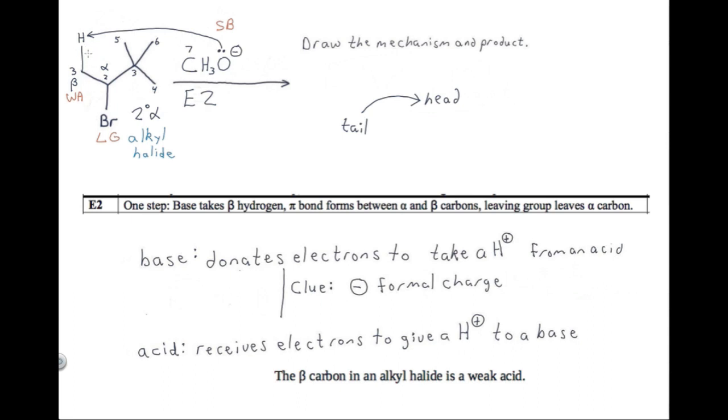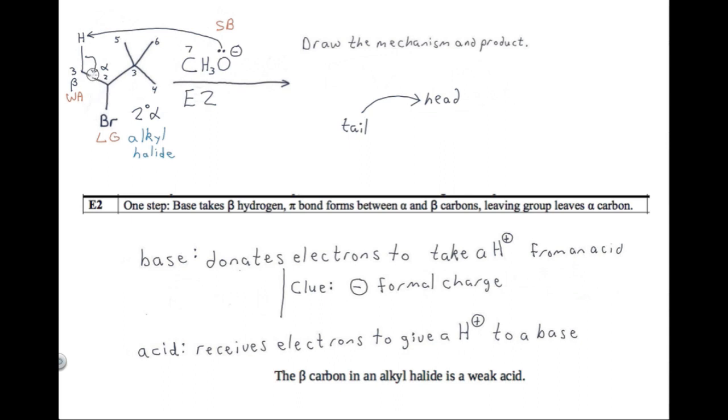We can use them to form the pi bond between the alpha and the beta carbon. So here's the electron pushing arrow that shows us freeing up the electrons between the beta carbon and the beta hydrogen, and using those electrons to form a pi bond between the alpha and the beta carbons. Notice that the head of this electron pushing arrow should go between the alpha and the beta carbons.